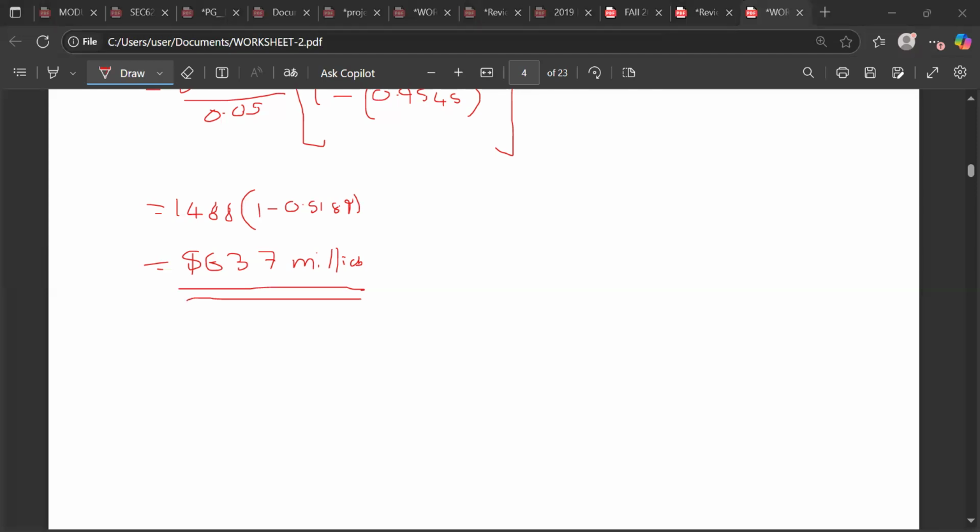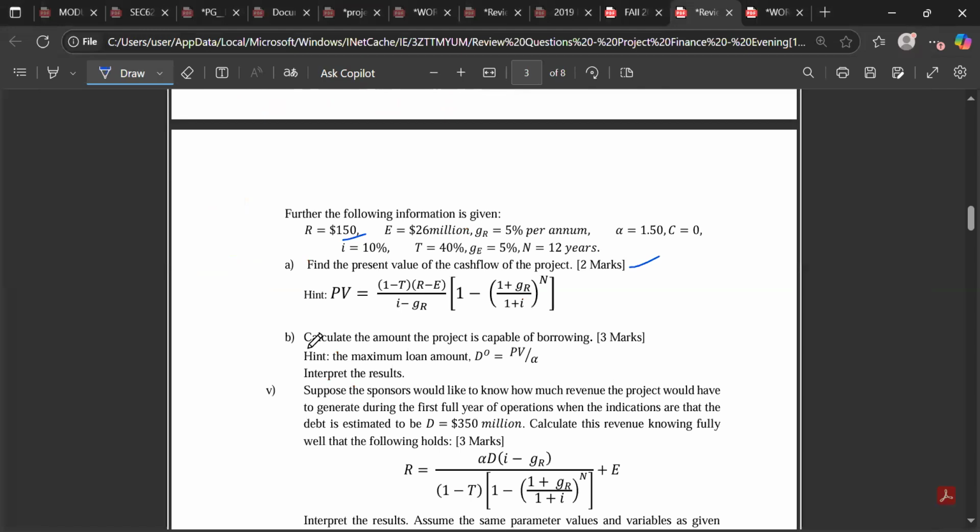We're now interpreting the next one, the maximum borrowed amount. Part B says calculate the amount the project is capable of borrowing.